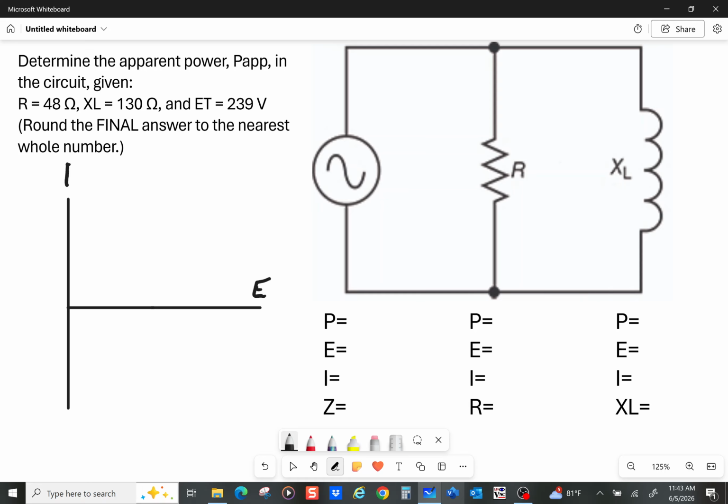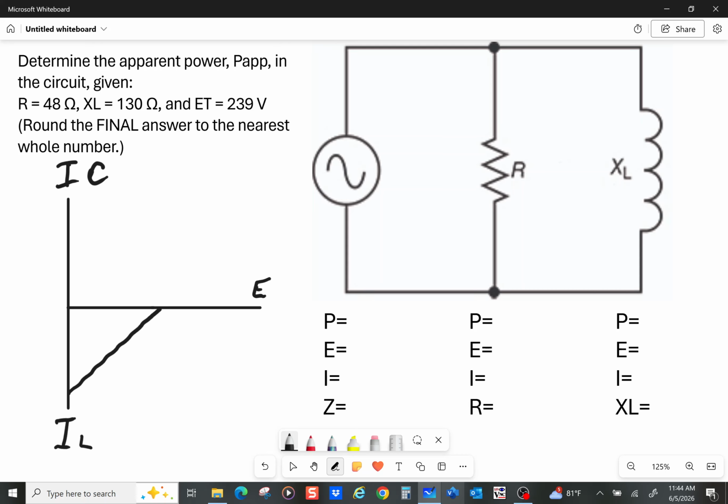So we have our capacitive current leading, and that's ICE going clockwise, and then ELI. So I have my inductive current lagging, which means that my resultant vector is going to be somewhere over here, because I have an inductor and I have a resistor, so I have both.